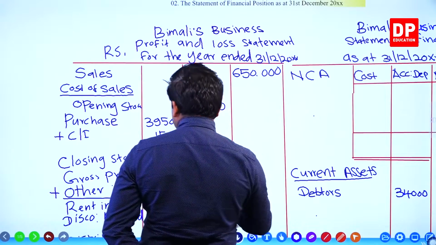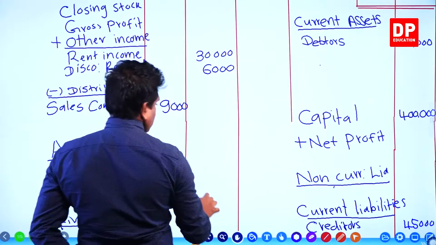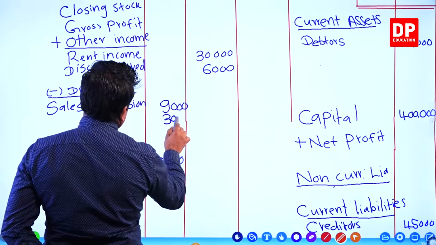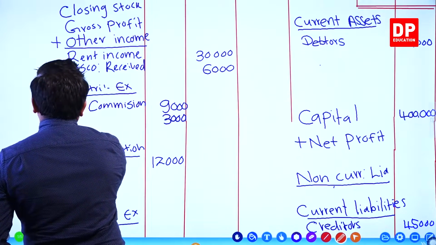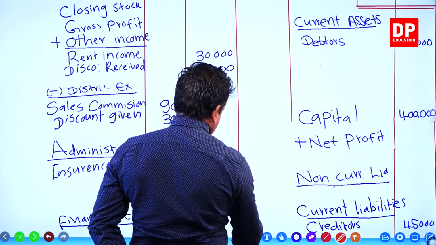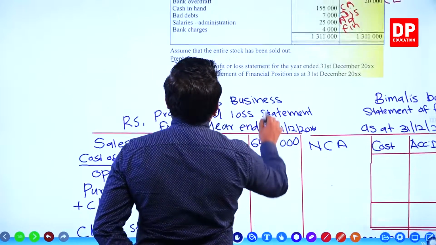Actually, it goes under the distribution expense, right? How much? 3,000. Now you go to the next.